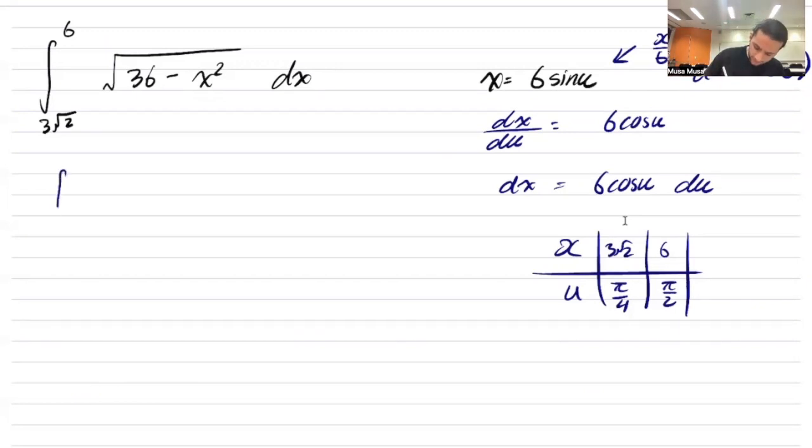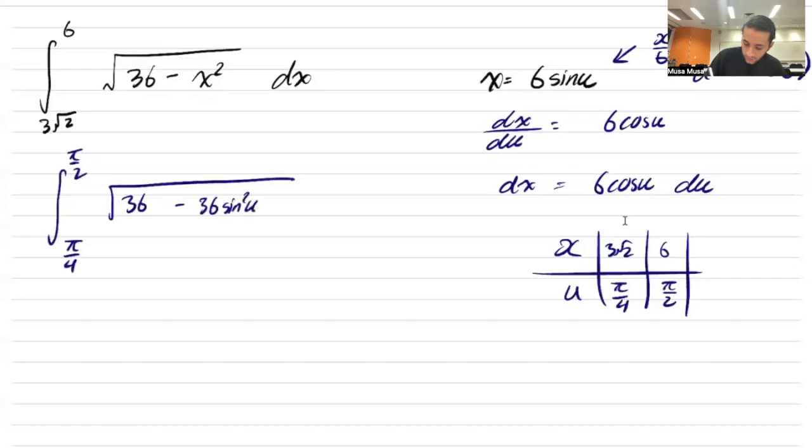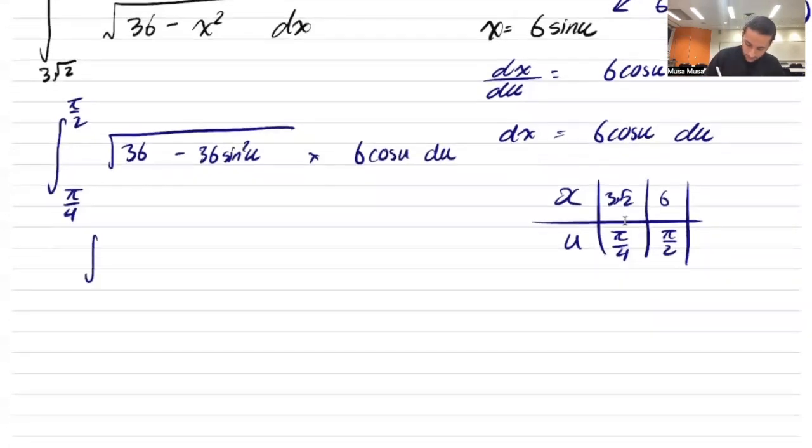So let's go to this. Pi on 4 to pi on 2 of the square root of 36 minus x squared is going to be 36 sine squared u times dx, which is 6 cos u du. Okay. Pi on 4, pi on 2. If we factor out a 36, it's going to be the square root of 36, which is 6. 6 times 6, 36.